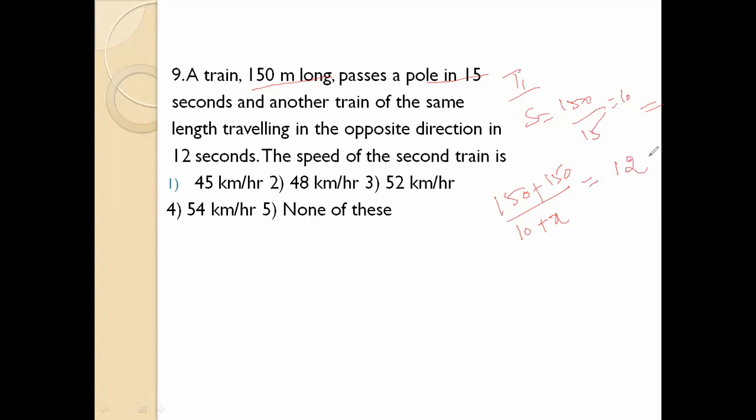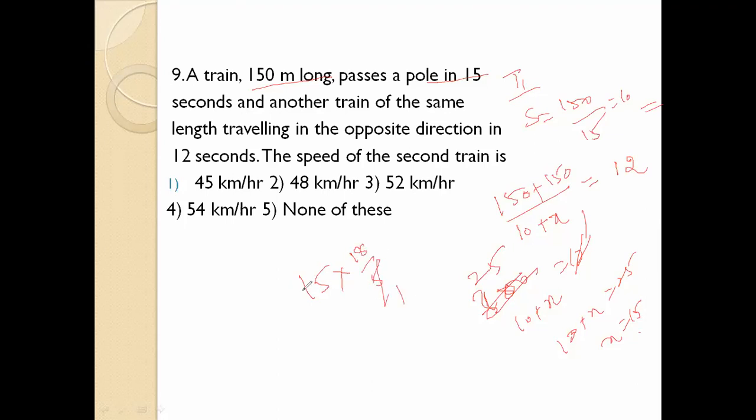In 12 seconds. So 150 plus 150, that is 300, divided by 10 plus x equals 12. 12 twos are 24, 12 fives are 60. So 10 plus x equals 25, x equals 15. 15 meters per second. Convert this into kilometer per hour by multiplying by 18 by 5. 5 threes are 15, 18 threes are 54 kilometer per hour. Option number 4 is the right answer.